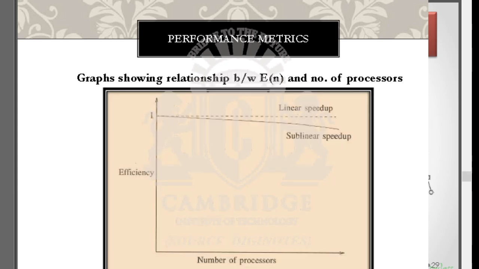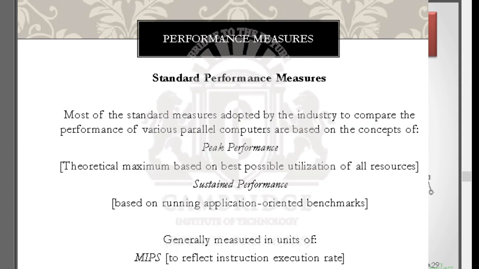And we have speed up versus number of processors employed. So speed up and linear, sublinear lines are there. Similarly, we have one more graph showing the relationship between E of n and number of processors.